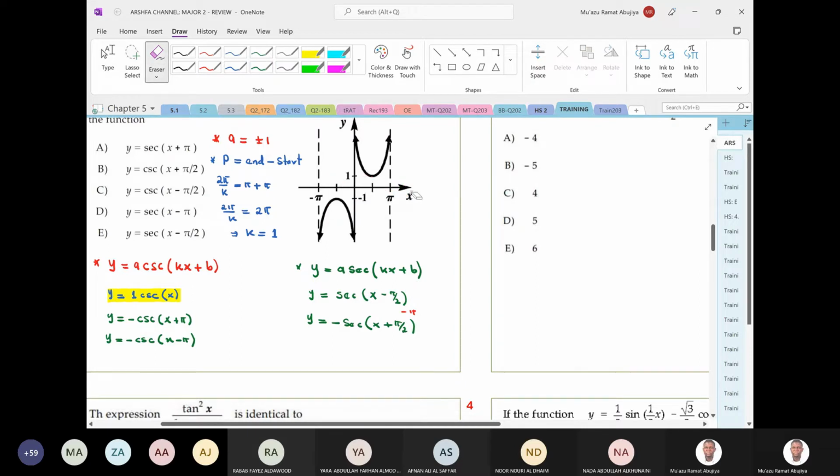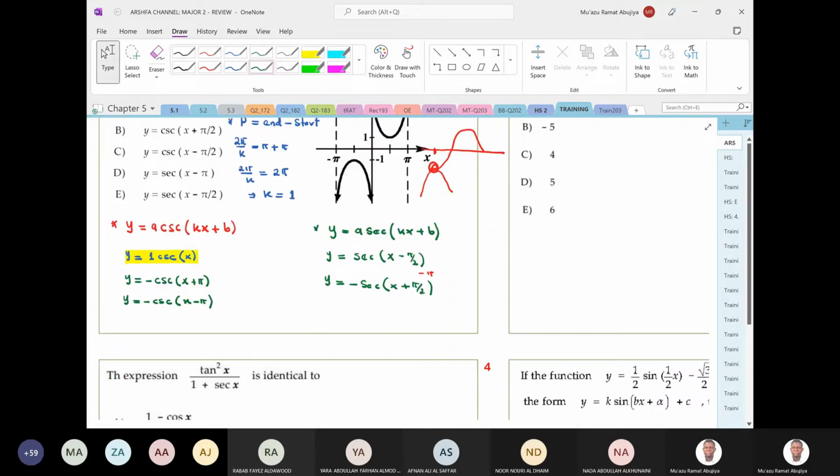Now, how about if you want to go further? For instance, here, let's say I extend the graph, for example. If I extend the graph, what is going to happen, please? So we expect another graph to be down here. So that means the graph will start from this part, right? Now I am going to subtract. The graph is going to start from here. Now you see that it's going to start again from the negative part. So what is going to be another equation? It will be now y equal to minus, because it is minus 1.